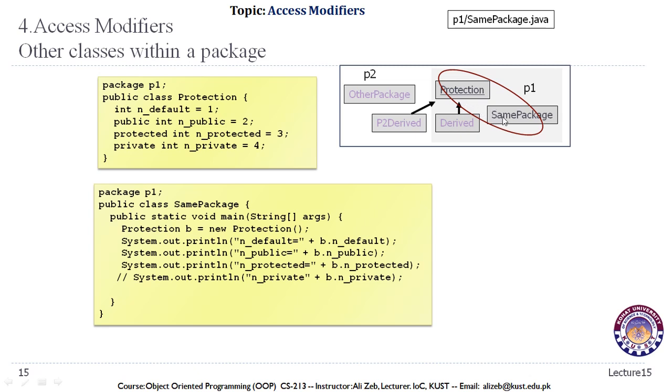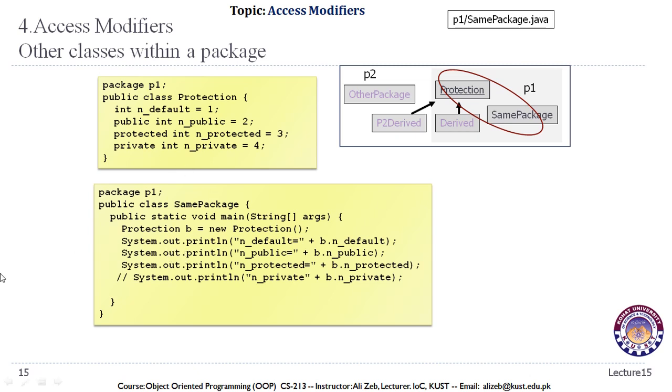same package class. Now let's look at what can and cannot be accessed from the protection class by the same package class. We have a default access, we have a publicly declared variable, we have a variable that is declared as protected, and we have a variable that is declared as private.